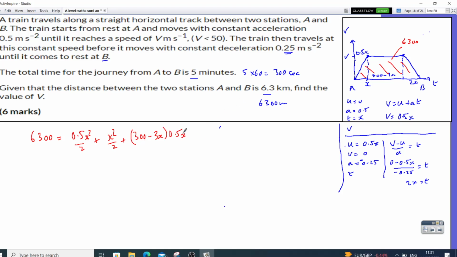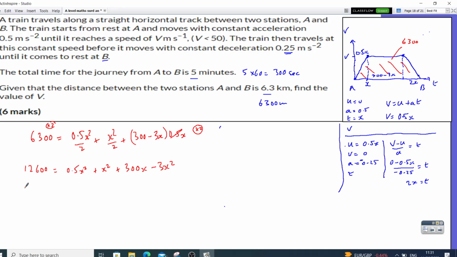multiplied by 0.5x. Now, since that's half, half, half, I'm going to times everything by 2 to get rid of all these halves. So I must times this side by 2 also. That's going to give me 12,600 equals 0.5x squared plus x squared plus x times 300, which is 300x, and x times 3x, which is minus 3x squared.